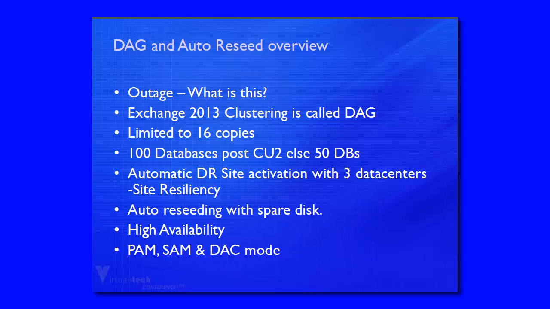They work together. PAM takes care of the active database. It decides which server should have the active database. And in case of any failure, SAM notifies PAM saying that this server, which had the active database, has failed.